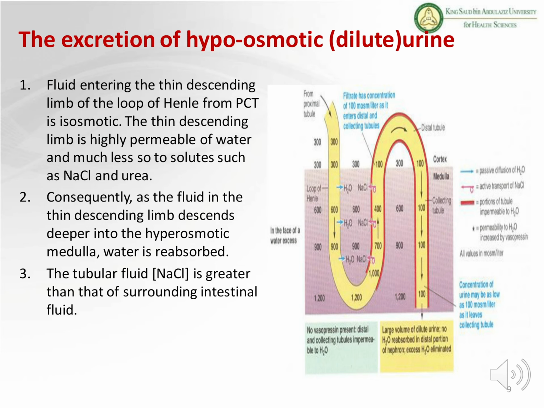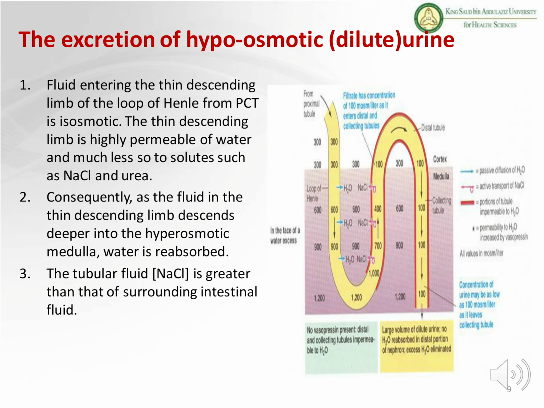The thin descending limb is highly permeable to water but less permeable to solutes such as sodium chloride and urea. As a result, as the fluid goes deeper in the thin descending limb, it becomes hyperosmotic, because water is reabsorbed. As long as water is being reabsorbed, the sodium chloride concentration in the tubular fluid becomes greater than in the surrounding interstitial fluid.